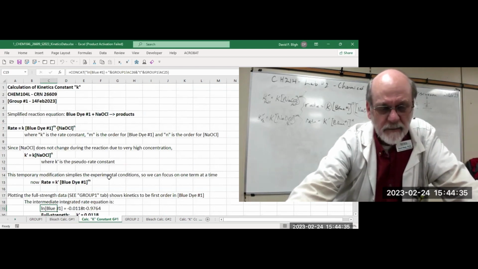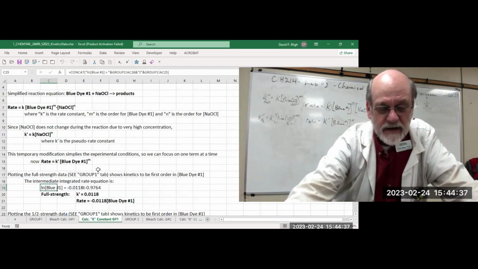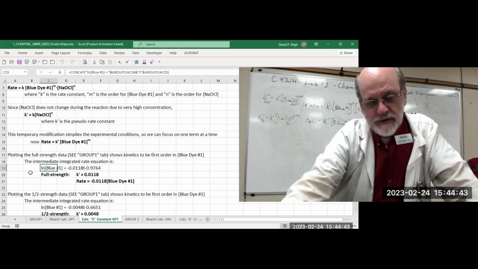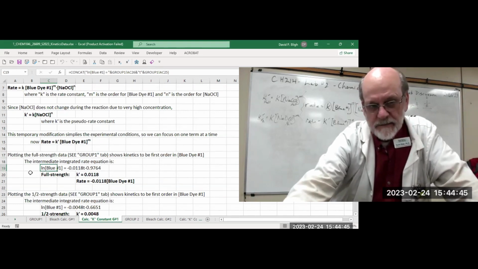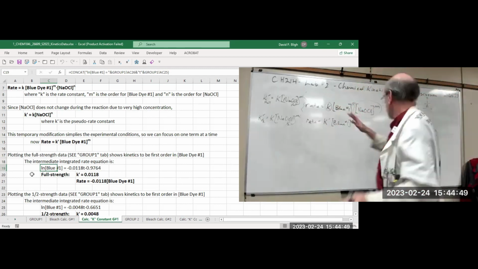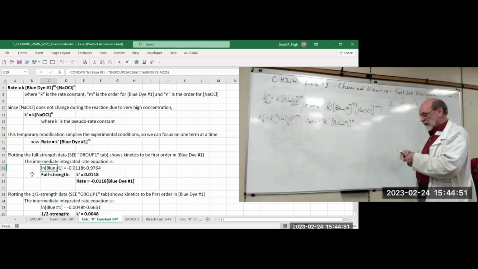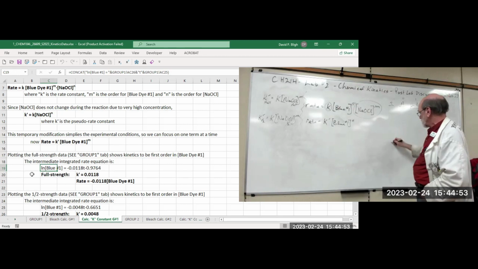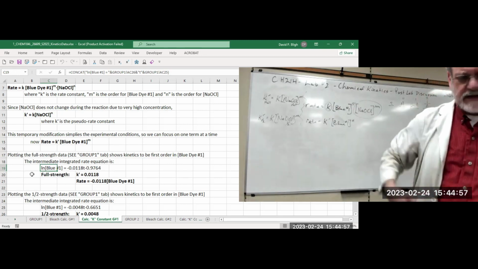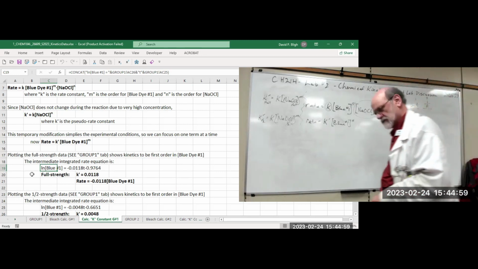Once you've used that value, now we have this expression right here. And if you determine that it's first order right here, then you'll have, hold on a second, and get something to write.